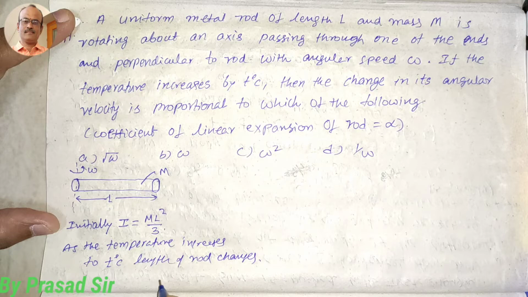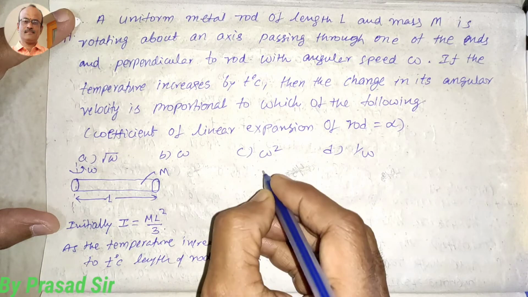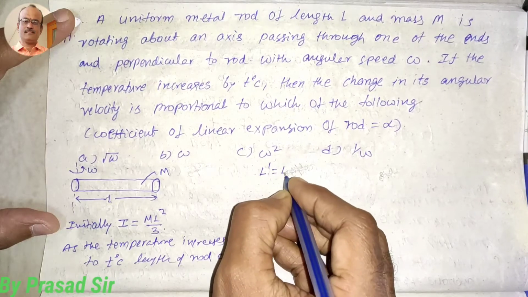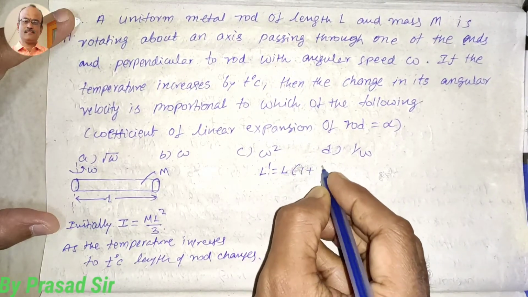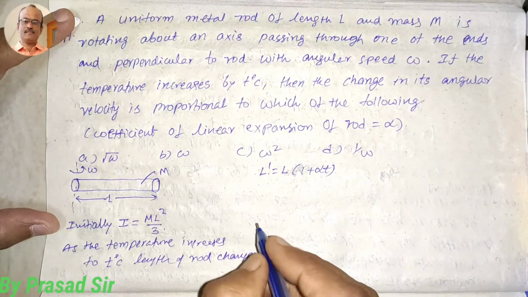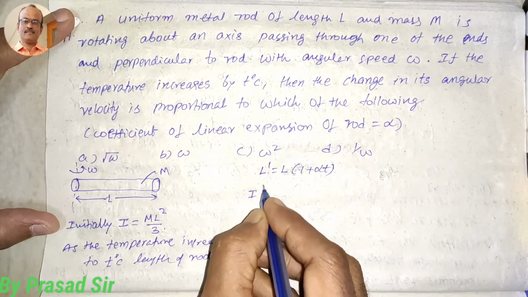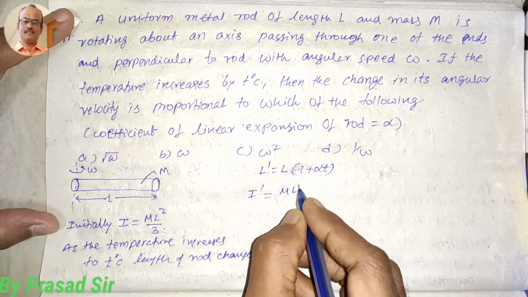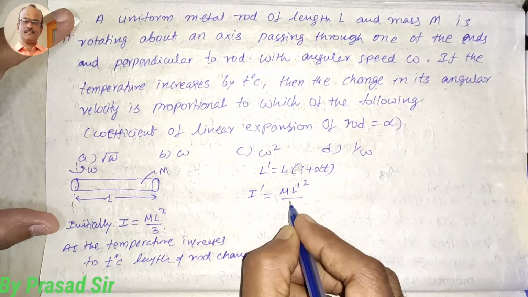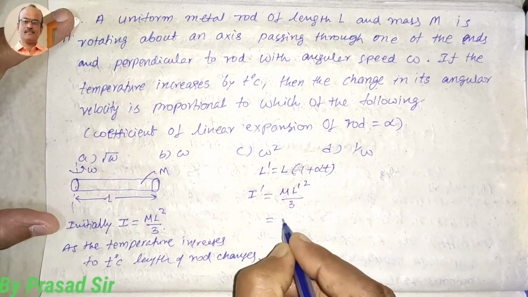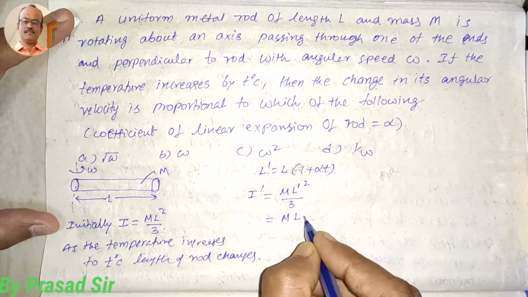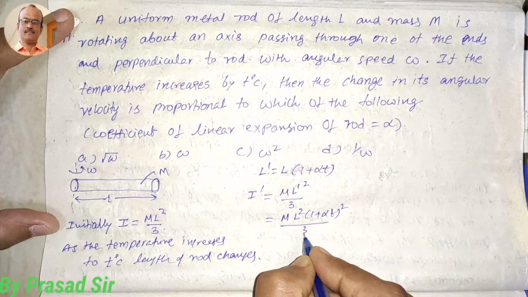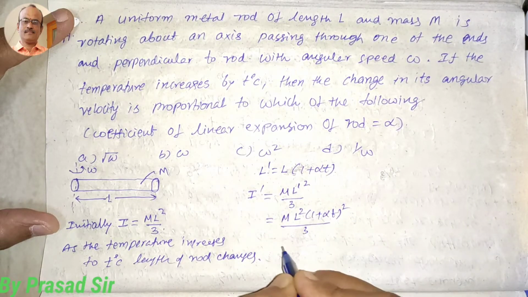So the length of the rod changes from L to L dash, which is equal to L times (1 plus alpha T). So now the new moment of inertia I dash is equal to M L dash square divided by 3. Substituting, it is M L square times (1 plus alpha T) whole square divided by 3.